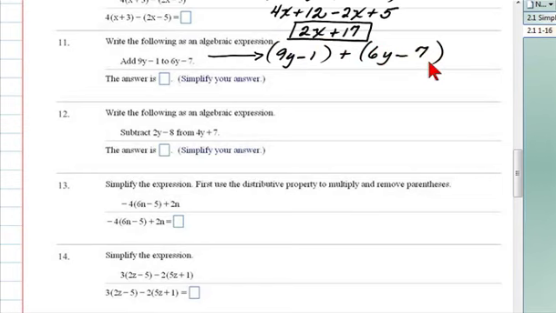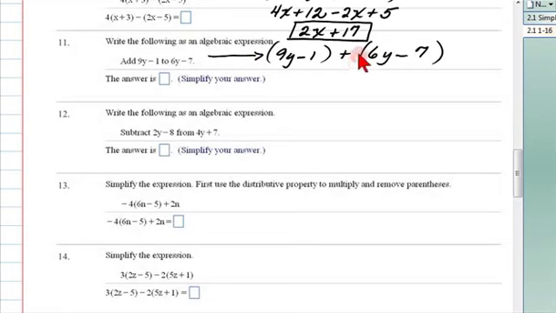Now, the parentheses that I put on those are actually optional. Because what is sitting in front of the first group? A positive 1, which is the identity, which means when I multiply by positive 1, nothing changes.